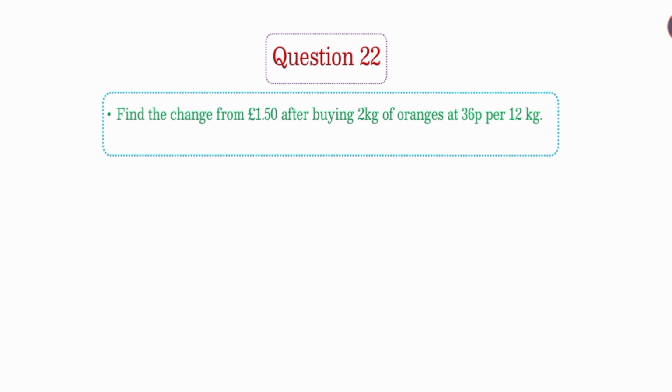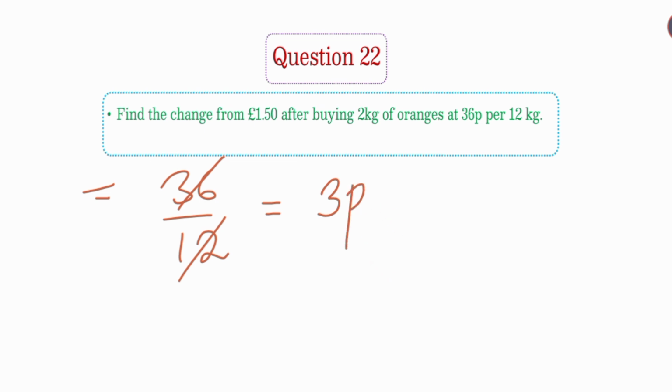We'll just do 36 divided by 12 to find the price for 1 kilogram. In pence, we'll divide 36 pence by 12 kilograms, and 12 times 3 is 36, so obviously you will get 3. Yes, so the price for each kilogram is 3 pence.